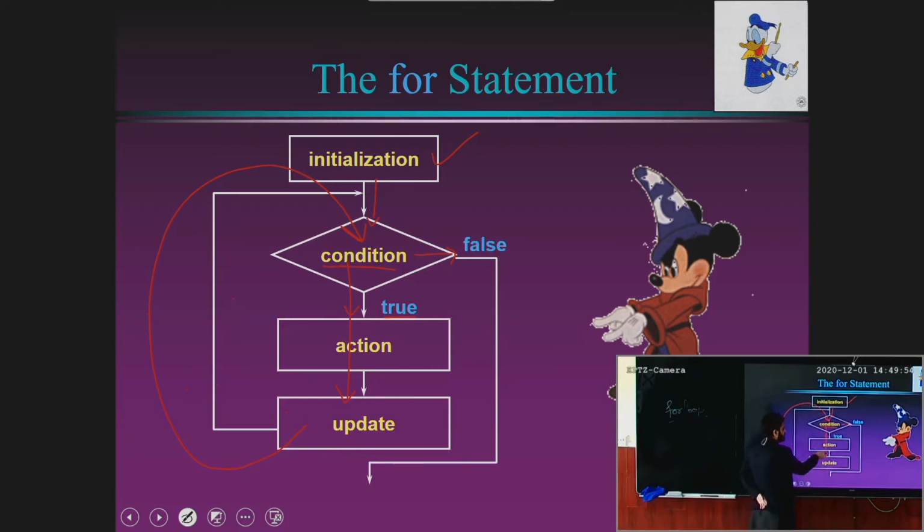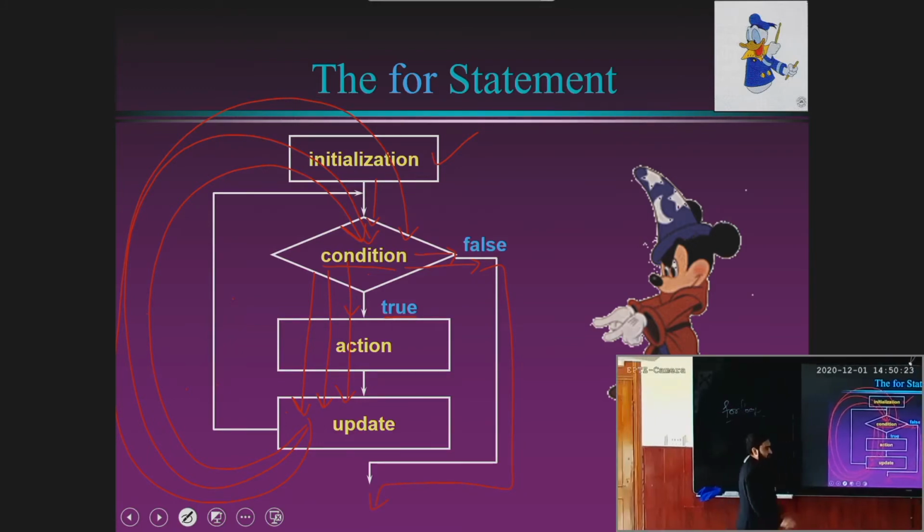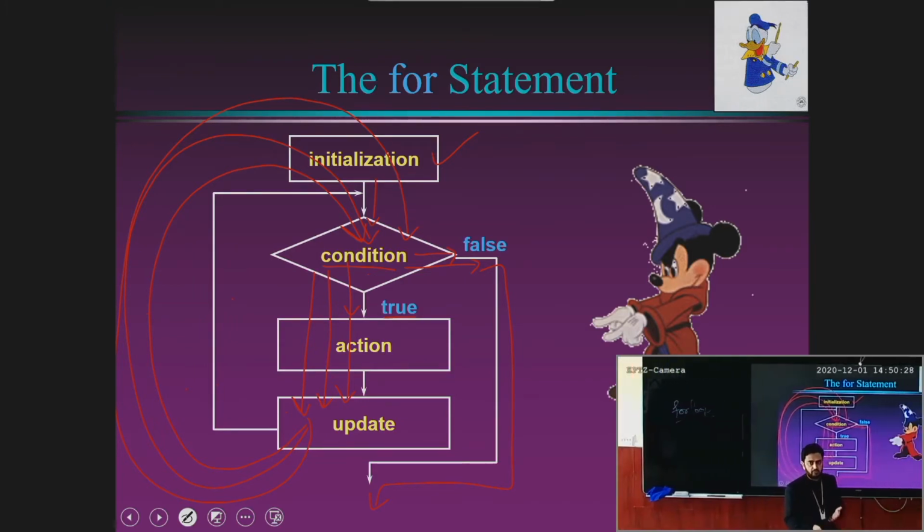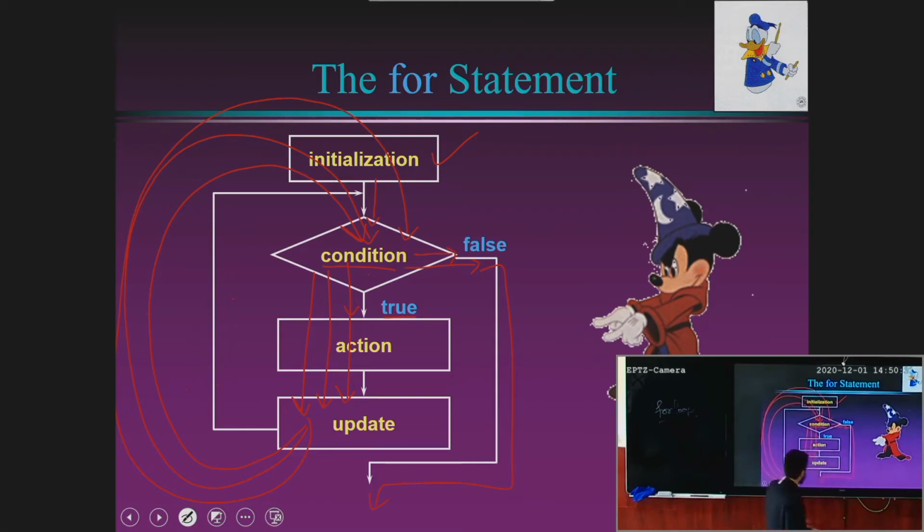If it is true, the second iteration is performed. Then it checks again, and if the condition is true, even a third time it will execute the body of the for loop. Then the execution comes back and checks the condition, and if the condition becomes false, the execution jumps out of the body of the for loop. This is the whole phenomenon of how we introduce the for loop in our programming logic. So this is the flow chart of the for loop.